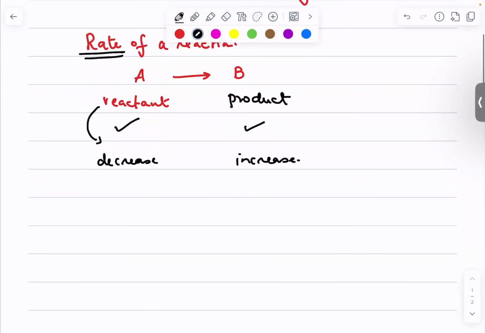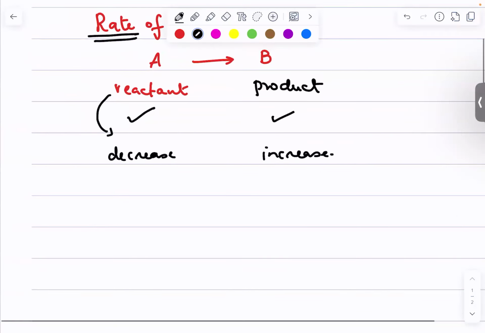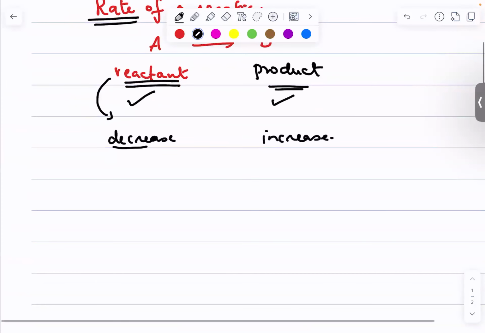So you can measure in both ways how fast one of the reactants is being used up, or how fast the product is being formed. Does it make sense? Yes.